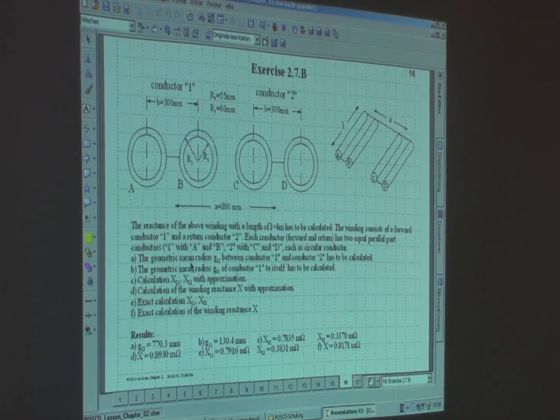But it's easy. It's 300 millimeters. We have GAA, we have GAB. And how do we get now G11?